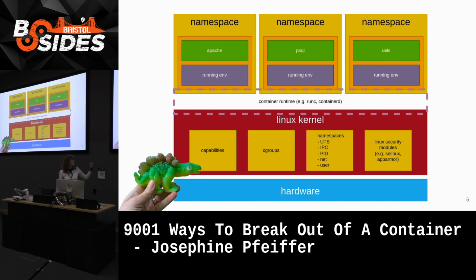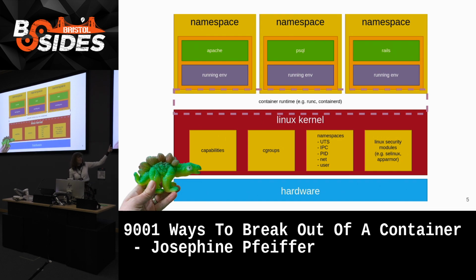Then there are capabilities, which assign specific privileges to processes without granting full root access, for example binding a privileged port for a server. And then you have the cgroups, which manage and limit hardware resources like CPU, memory, or I/O, and limit how much of those the processes can actually use.